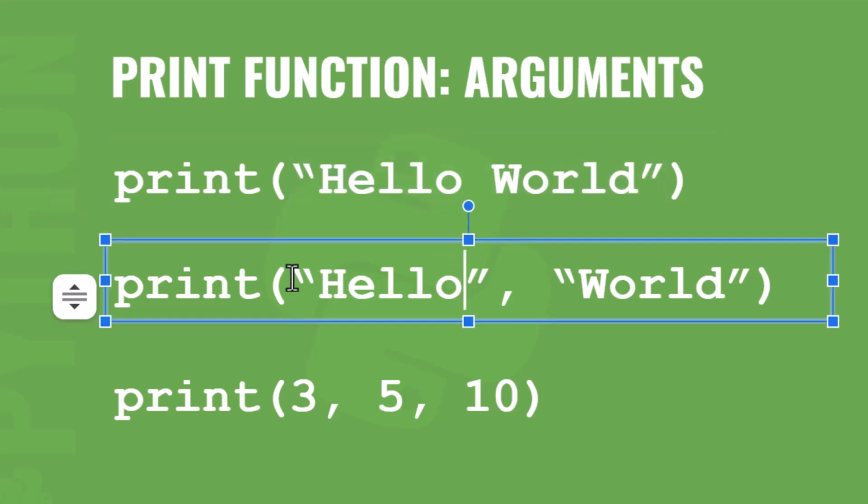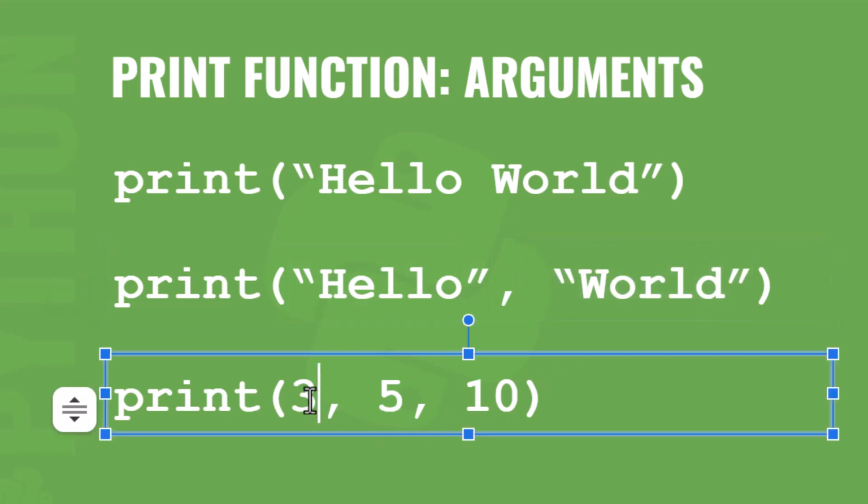In this case, this will print out hello world as well, but when it's separated by a comma, we would consider this as having 2 arguments. This is one argument, this is another argument. And this is 3, 5, 10, which would be 3 arguments. So 1, 2, 3.